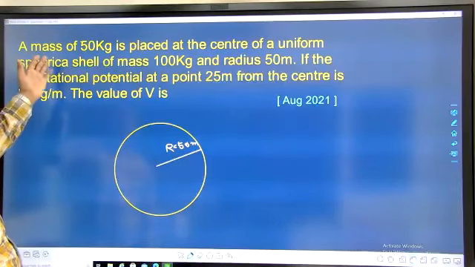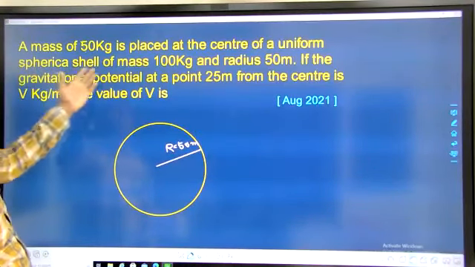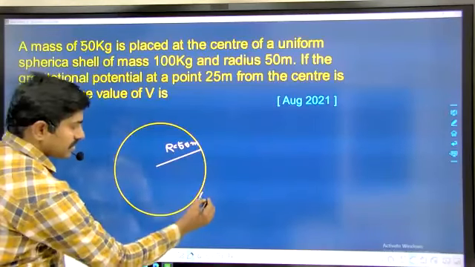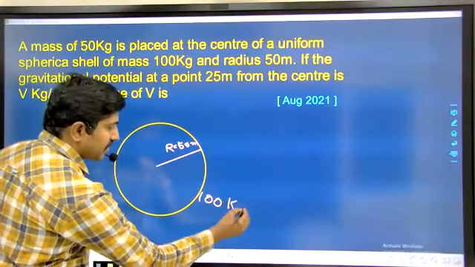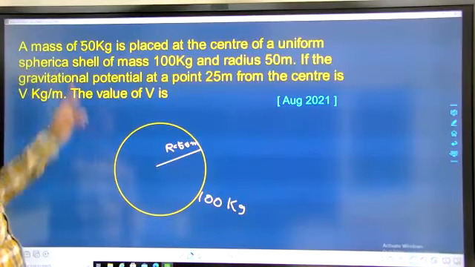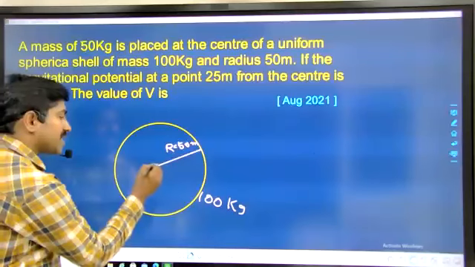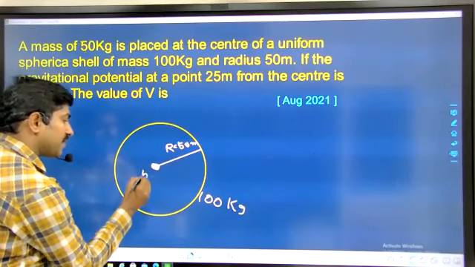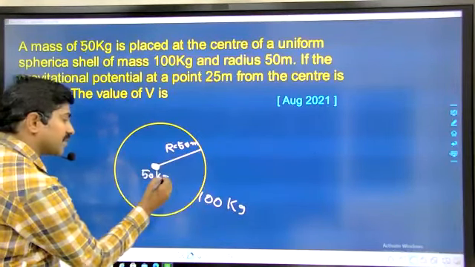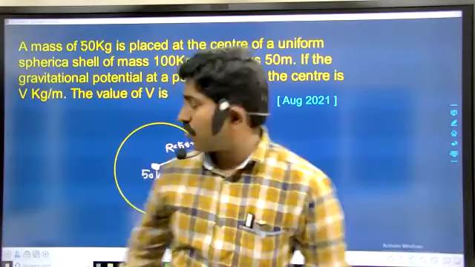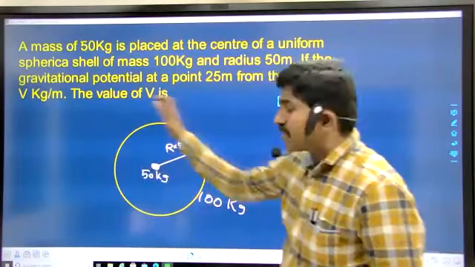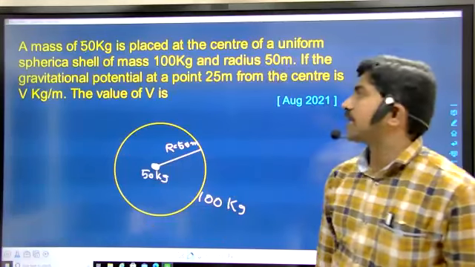And what is the mass of this particular spherical shell? 100 kg. The mass of the spherical shell is given as 100 kg, and a 50 kg mass is placed at the center of it. At the center of the spherical shell, a 50 kg mass is also taken. That means two masses were taken. One is the point mass, the other is a spherical shell of mass 100 kg.